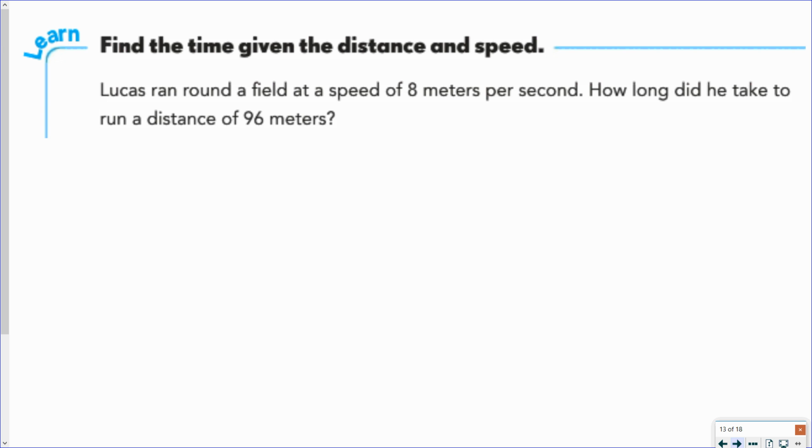Lucas ran around a field at a speed of 8 meters per second. How long did he take to run a distance of 96 meters? So if we use our formula, distance equals rate times time. If he ran around a field at a speed of 8 meters per second, speed would be our rate. So we put 8 in for rate. And how long did he take to run a distance of 96 meters?